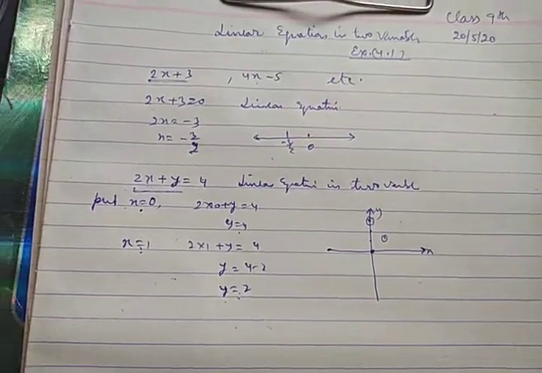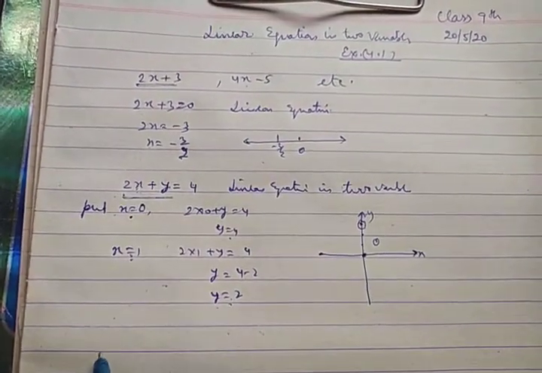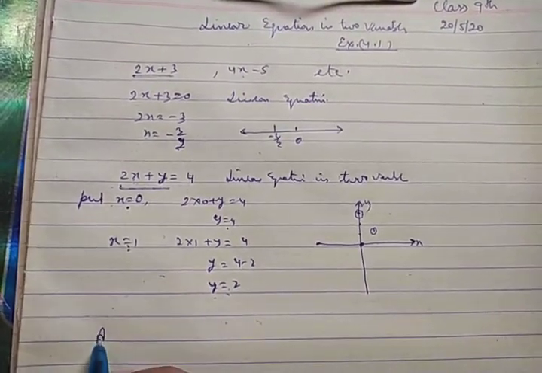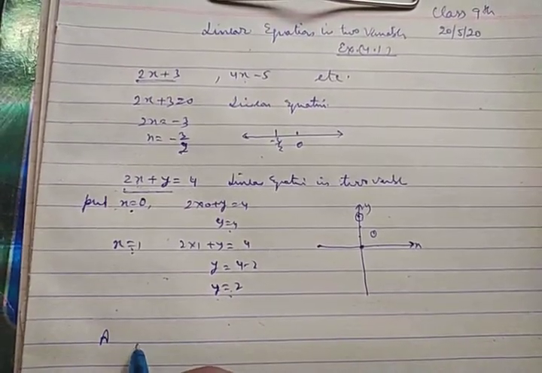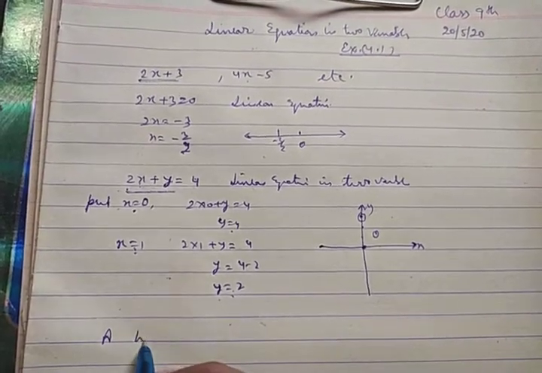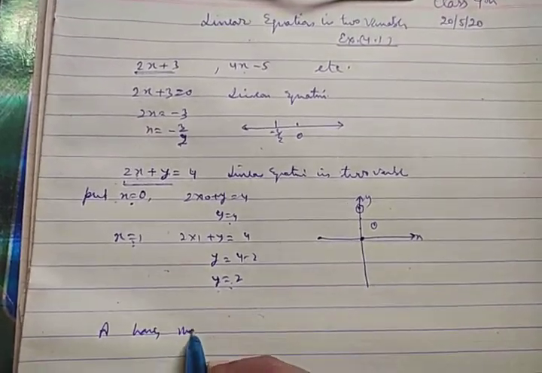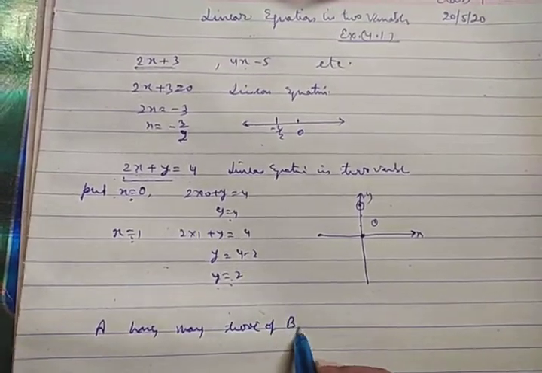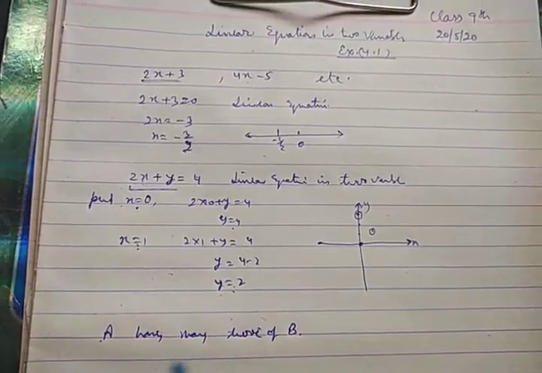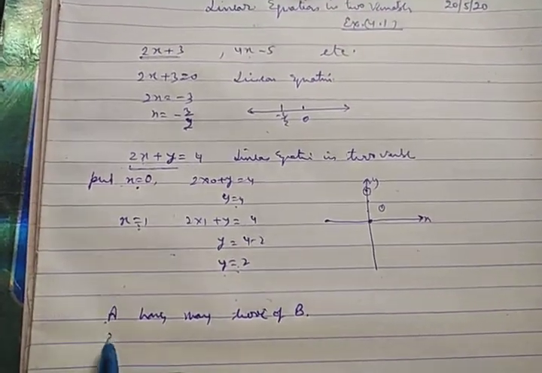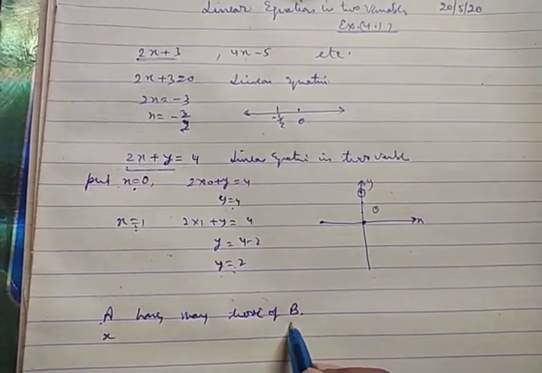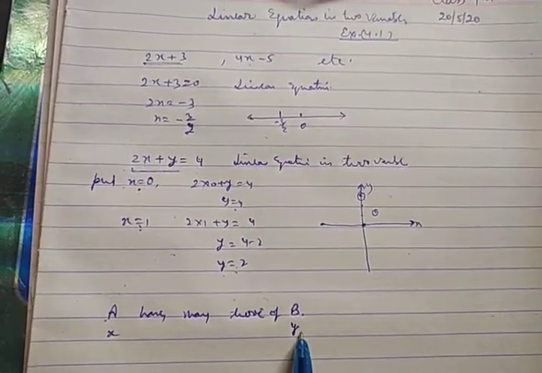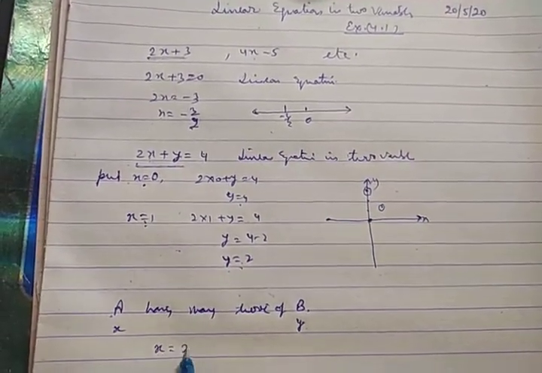Suppose person A is having money twice of B. Let us suppose A is having money X, and B is having money Y. Then A having money twice of B means the value of X will be equal to 2Y.